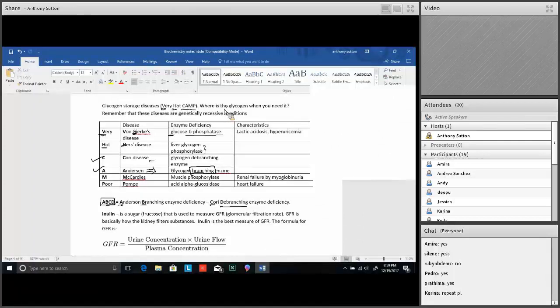The problem with Cori disease, it's a glycogen storage disease, but Cori's is due to the glycogen debranching enzyme. You follow me so far? You with me? Okay. So the mnemonic, the way we remember that, is A, B, C, D. Anderson, the problem is branching. Cori, the problem is the debranching enzyme. Does that make sense now?